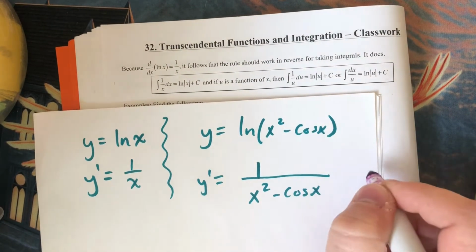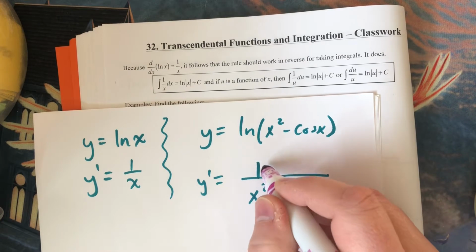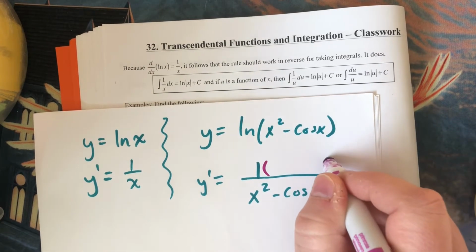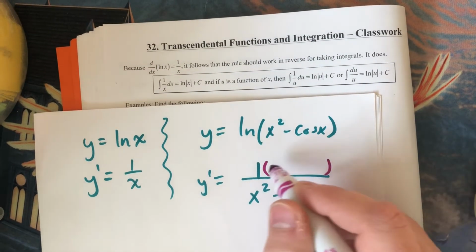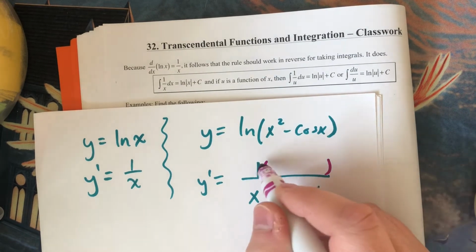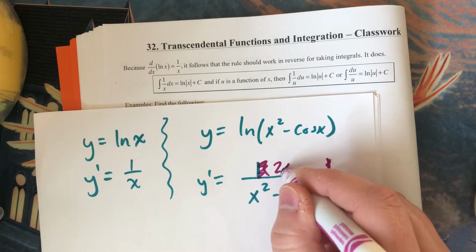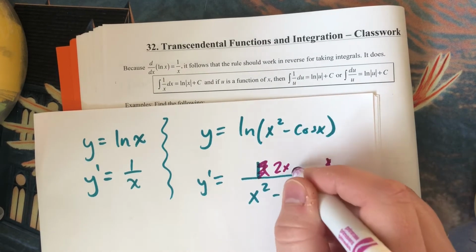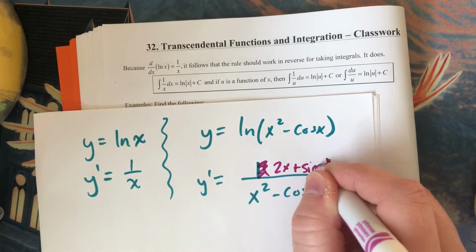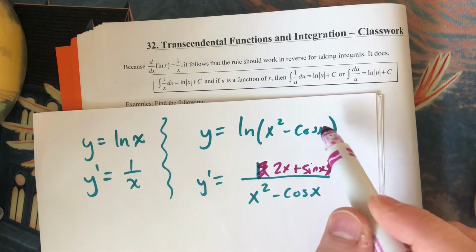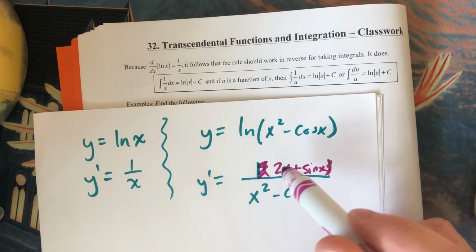You could put it over here to the side, but usually we'll just put it on top. Instead of putting it in parentheses, we're just going to eliminate all that and put the derivative on top, which would be 2x and then negative cosine plus sine. So usually when you take the derivative of natural logs, that's the way you'll see it in the end.